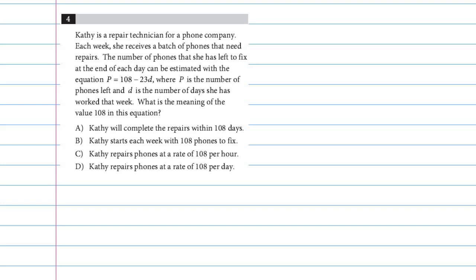And yeah, let's see. So let's read this. This is a word problem, and the trick about word problems is that there's a whole lot of information inside, so you need to be able to extract the important mathematical information from the word problem and then use your knowledge to find the answer.